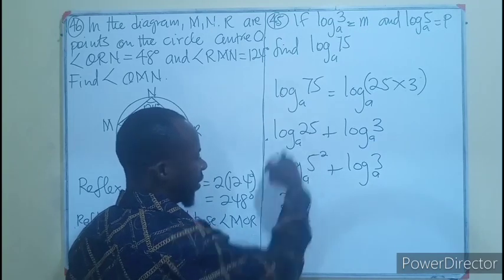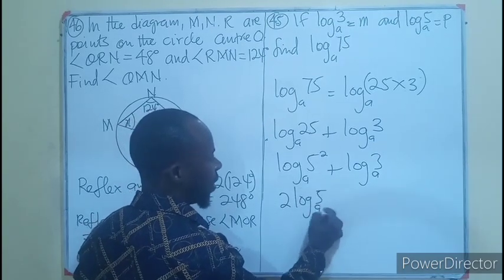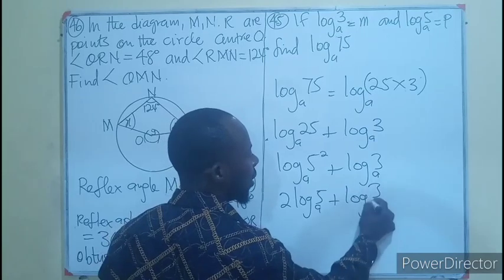So 2 multiplies log 5 base A, plus log 3 base A.